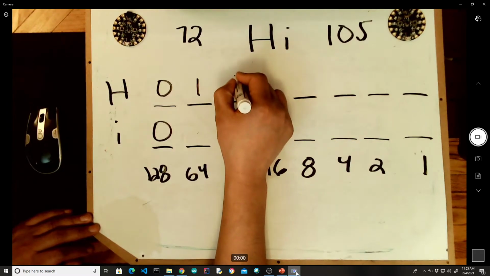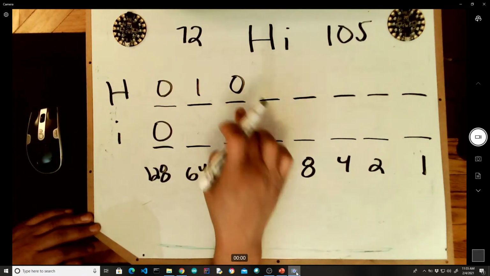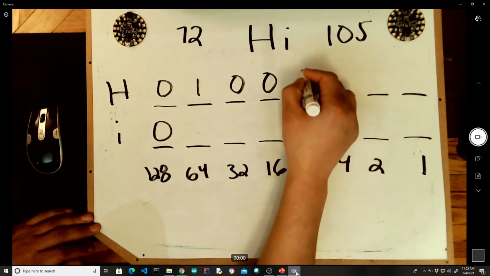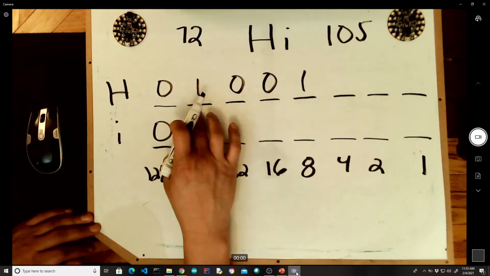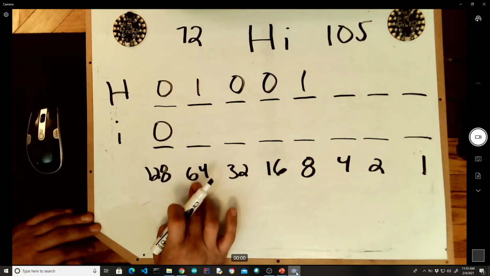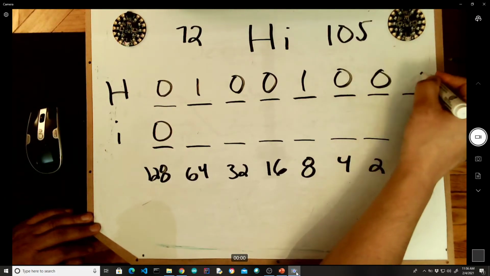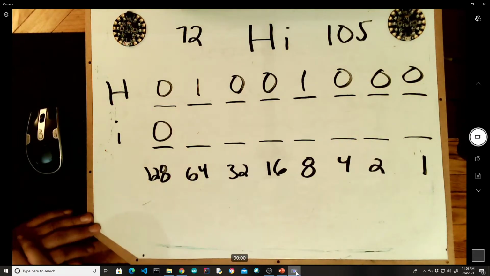So this one becomes simple. We're not going to take any 32s or 16s. We do need an 8, so a 1 here and a 1 here: 64 and 8 gives us 72. Our job is done when it comes to the H.